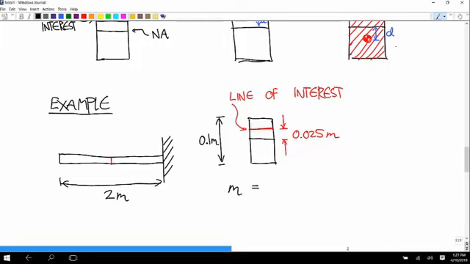The thing that's causing this stress is just going to be the weight. We'll say the mass is 100 kilograms. Yes, we do need that. 0.02.